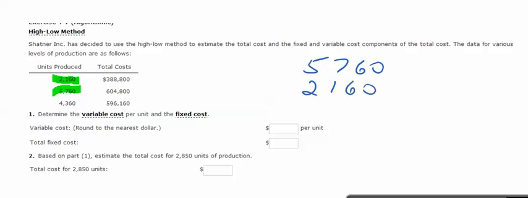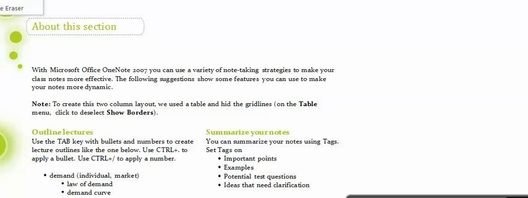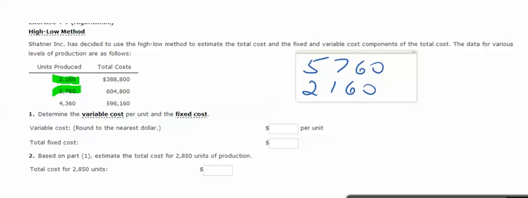Their corresponding costs, so that's the related costs associated with those levels of production, 604,800, and at the lower level 388,800.